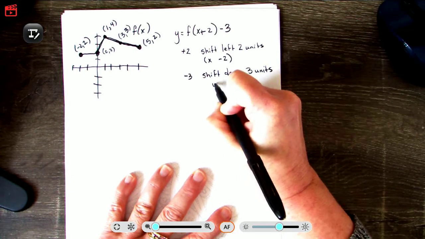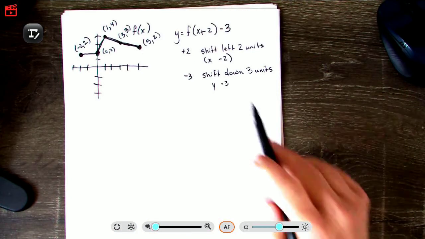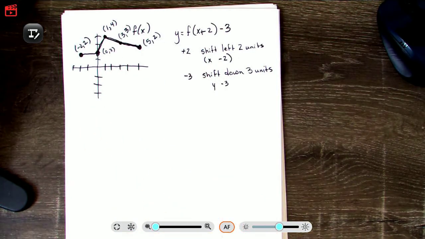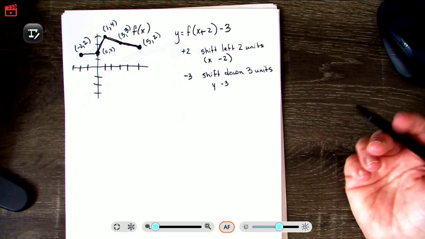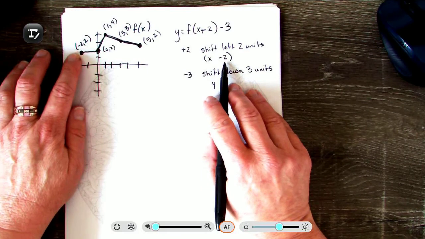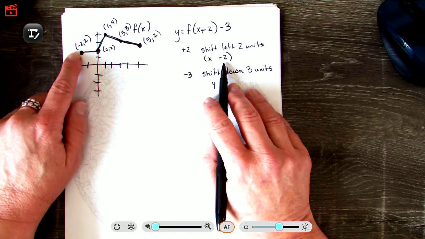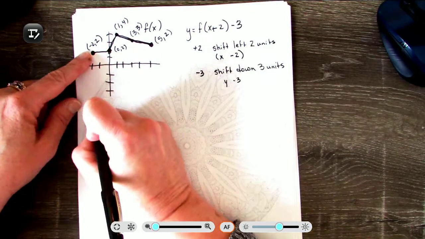So we're going to take our y's and subtract 3 so to make it go down. And we can do these to these points if we want to. Some students find that easier to do. So they'll take these points and subtract 2 from the x, and then subtract 3 from the y, and so then they'd get this.